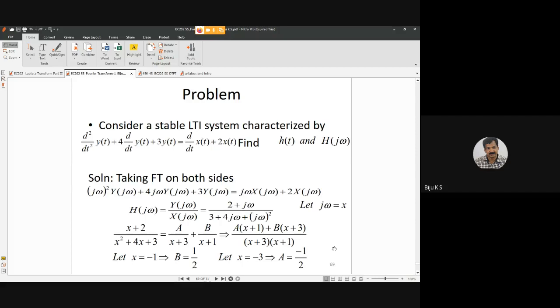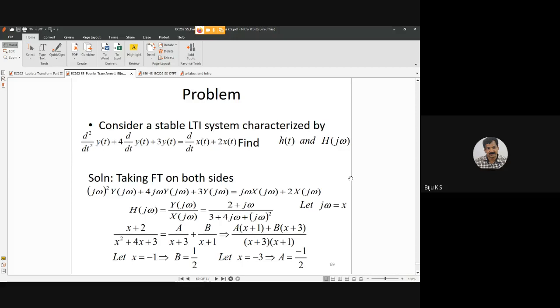In the fourth module, they are asking only to calculate the frequency response of this LTI system. First you find the transfer function, and from the transfer function you calculate the frequency response, involving both magnitude and phase response. Magnitude response is the magnitude of H(j omega), and phase response is the angle of H(j omega). Okay, clear?